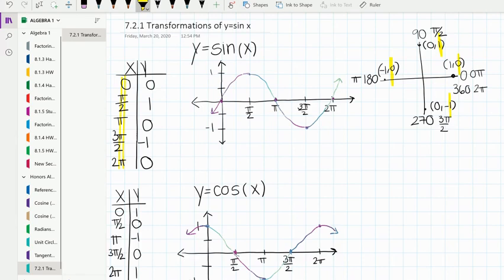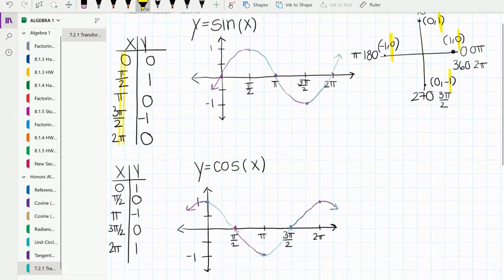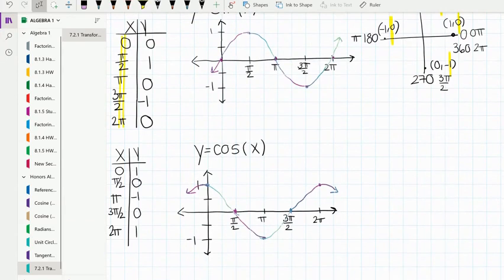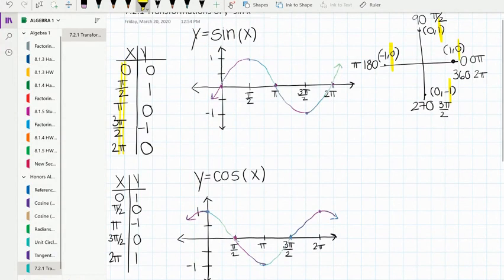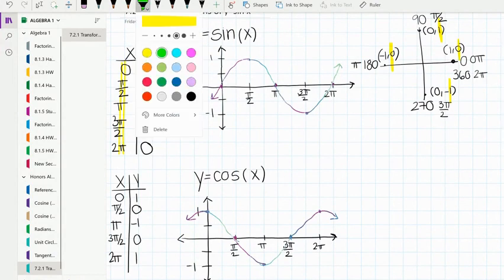And remember, we talked about this before we left for this break, but the domain is all real numbers, and the range would be between -1 and 1. Now going to cosine. So cosine is that horizontal distance. So in other words, we're going to be talking about x.